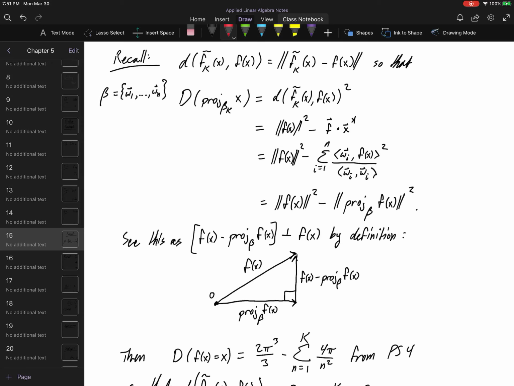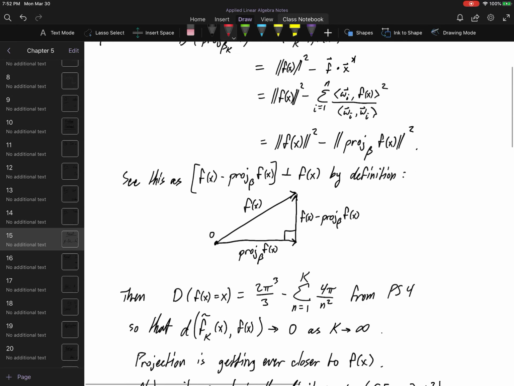It's how much I have to add on to each and every one of these guys, because I know that this projection in an orthogonal basis is going to get me this formula. It's my generalized Pythagorean theorem, right? And we did this in the homework. The generalized Pythagorean theorem does show up here.